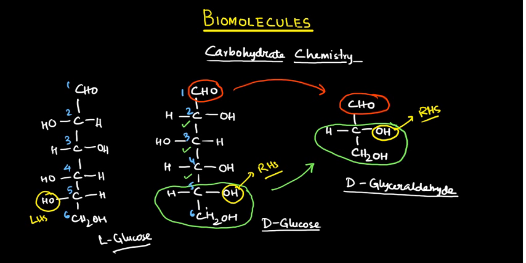right. Now, overall, if we have a look at the structure of glucose, the first point is, it's a 6 carbon chain. So it's a 6 carbon member, right. Next thing, it has an aldehyde group.